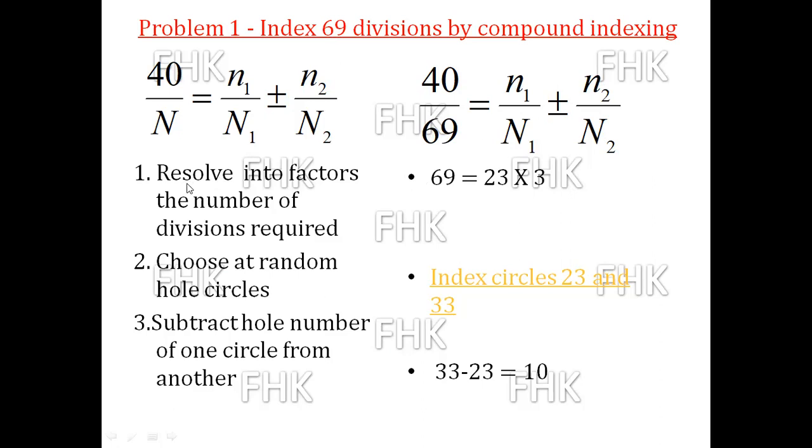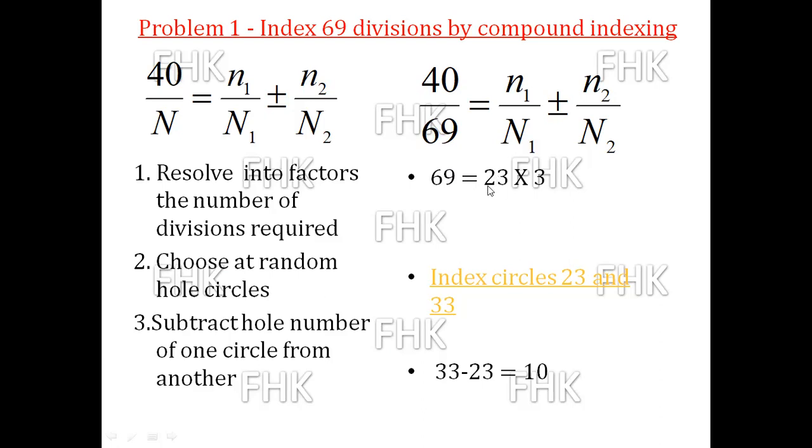So the first step is to resolve into factors the number of divisions required. Whatever divisions you have to make on the blank disk, that value is given in the question, and you have to factorize it. You have to make the factors of that number 69. So the first step is to factor this number 69.